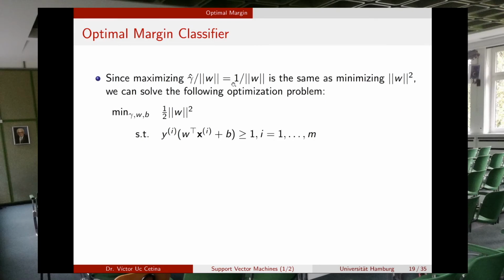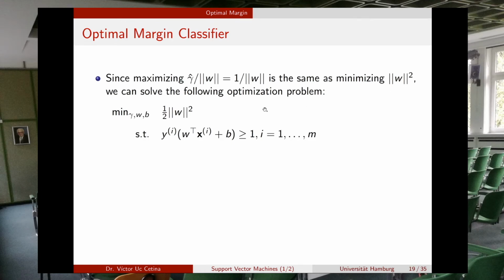Now notice that if you want to maximize this, what you need to do is to minimize the denominator, so you will have a large number here. If the final objective is to minimize the norm of W, then an equivalent problem that we can solve is minimizing the square of the norm of W, because we get the same result as maximizing this, since we want this norm to be small.